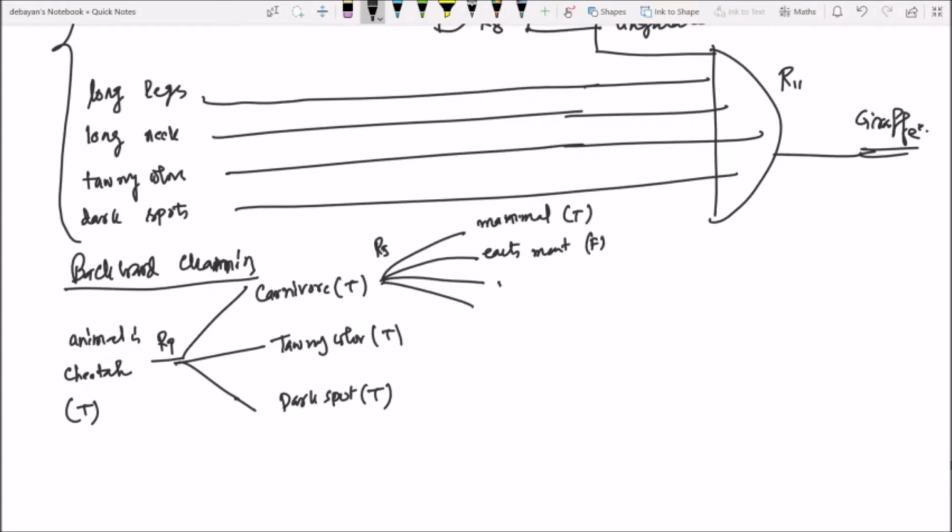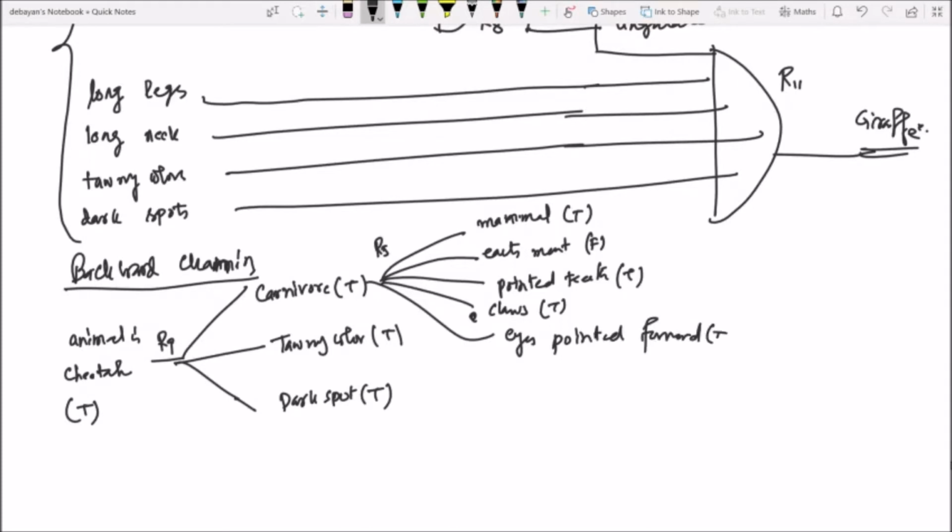Then the properties: pointed teeth, that may be true; claws, that may be true; eyes pointed forward. So the main thing is, in case of backward chaining, we take some assumptions and then try to match the properties.